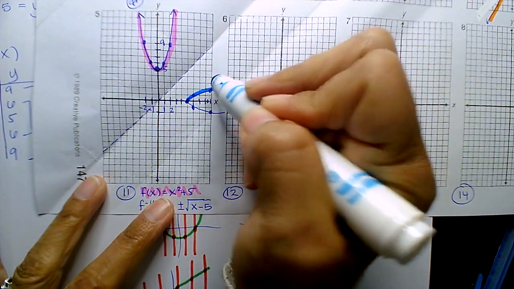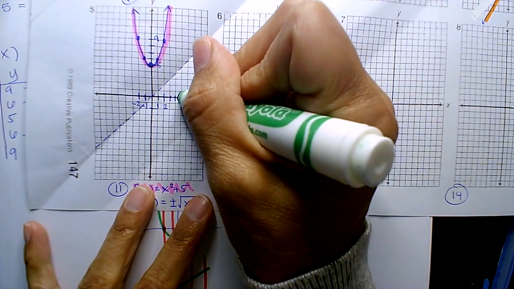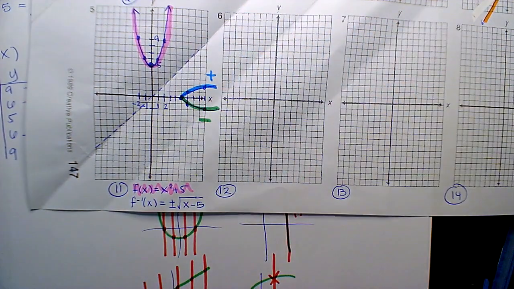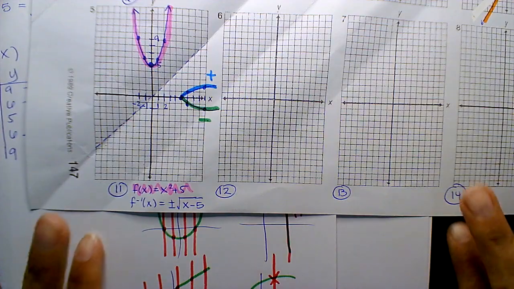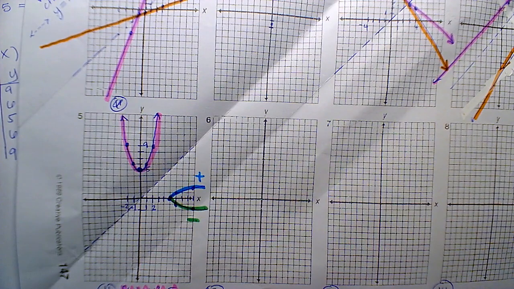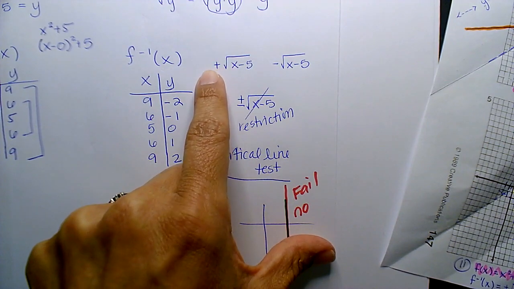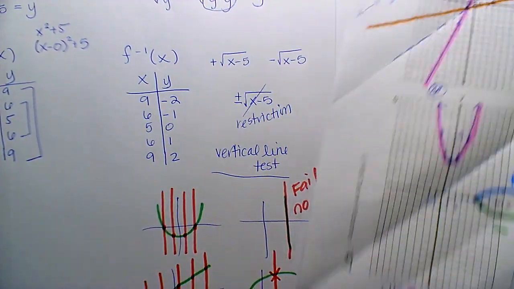There's the positive one, and then there's the negative. And that's when we start talking about domain and range. So you would still give this to me, but you would recognize that the inverse function is a square root function, and it should be separated positive versus negative.